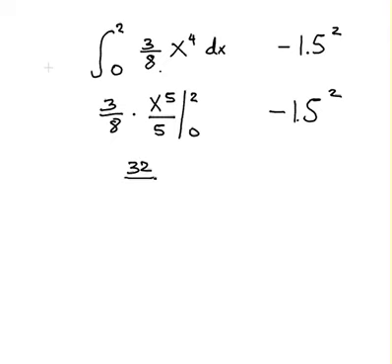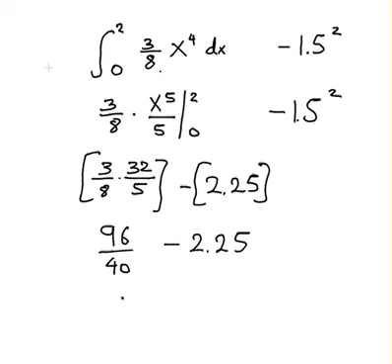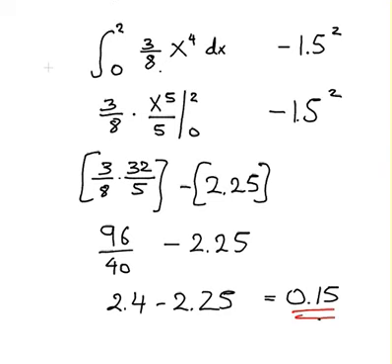That's 32 over 5 times 3/8, minus 1.5 squared, which is 2.25. Working it out with a calculator, we get 96 over 40 minus 2.25, which is 2.4 minus 2.25, and that gives us an answer of 0.15. So the variance here is 0.15.